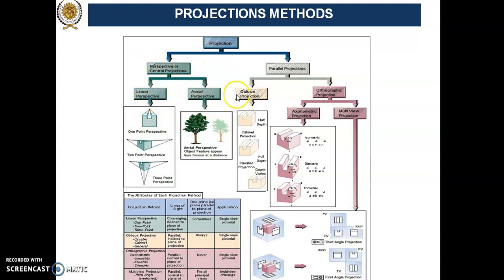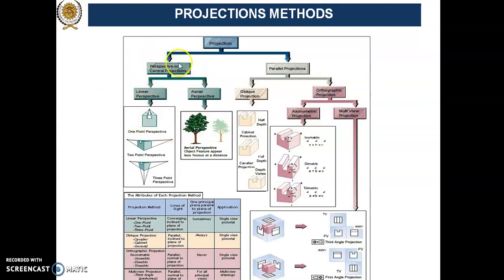Radiating lines of sight produce a perspective projection. If the distance from the observer to the object is infinite, or essentially so, then the projectors, that is, projection lines, are parallel and the drawing is classified as a parallel projection. Parallel lines of sight produce a parallel projection.